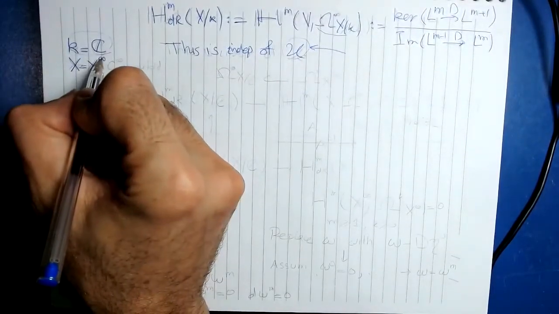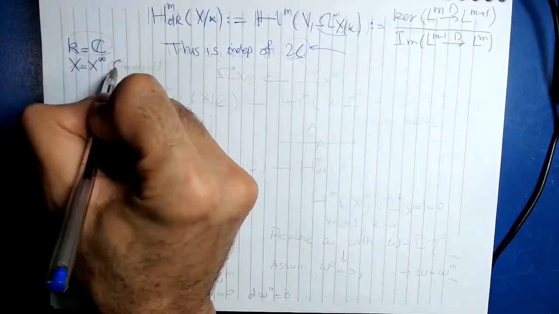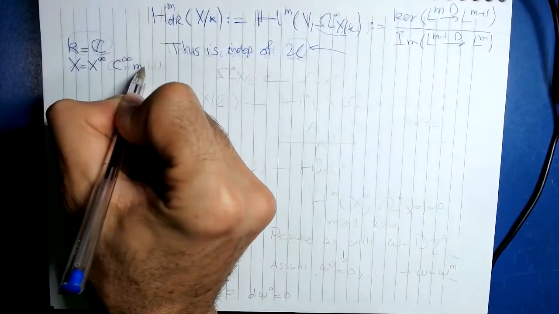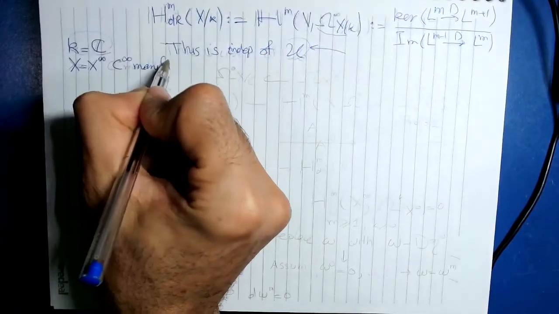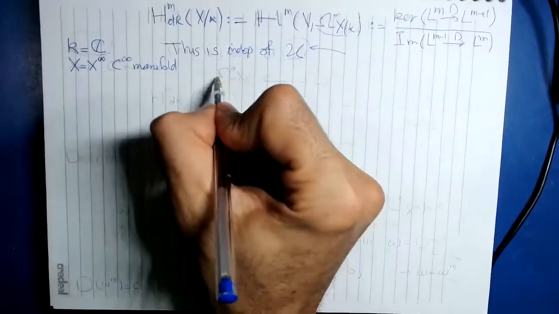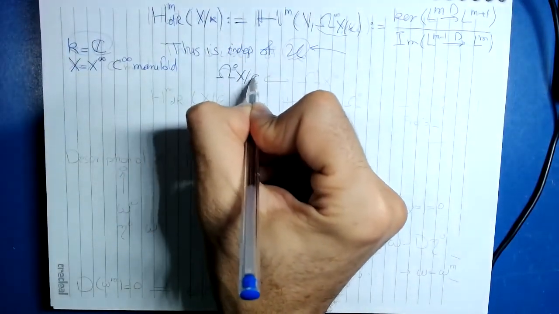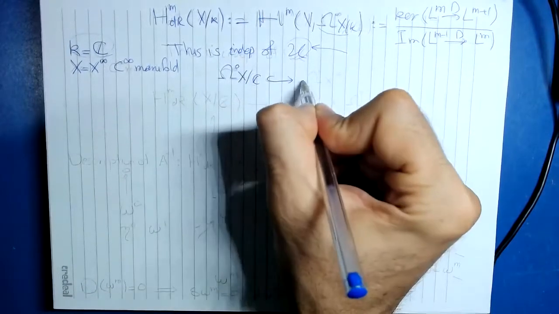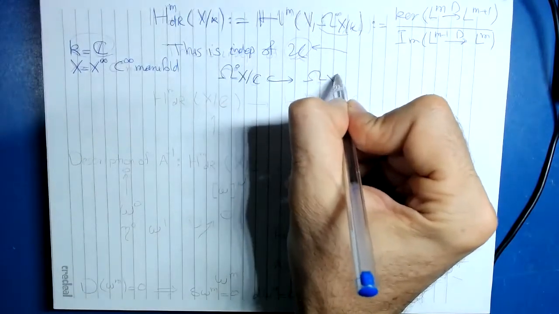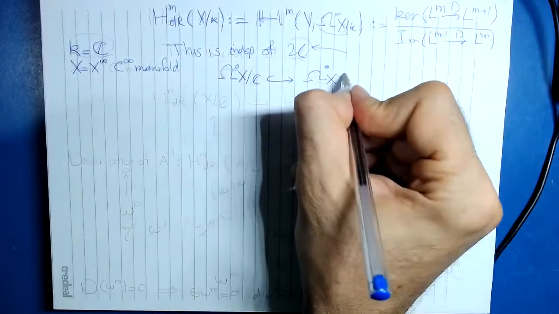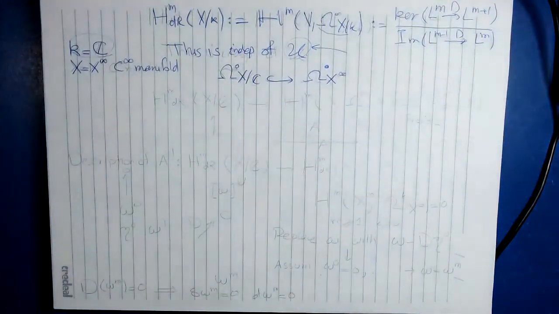Sometimes we put it with an upper script infinity, saying that this is also a C infinity manifold. And if we look in this way, the complex of algebraic differential forms is inside the complex of C infinity differential forms.